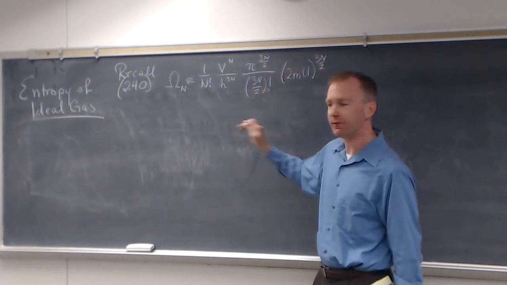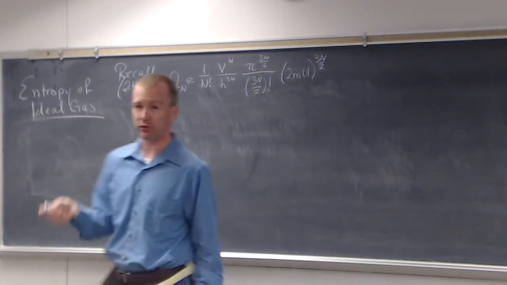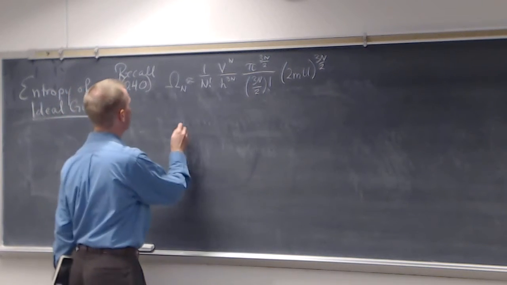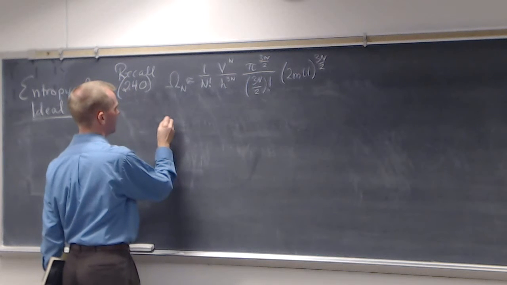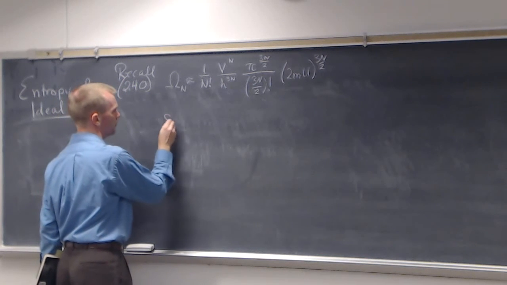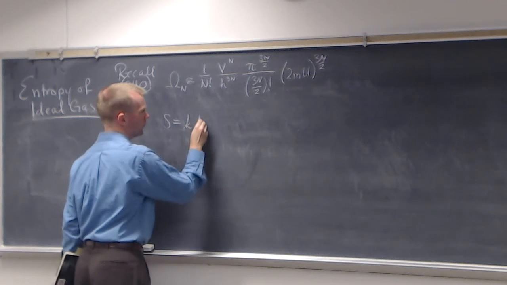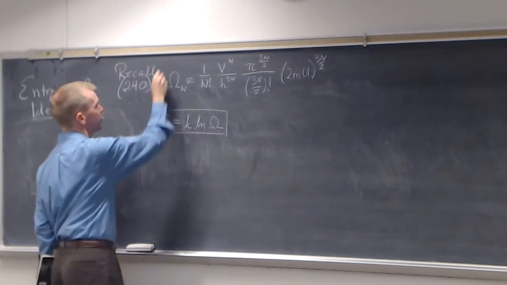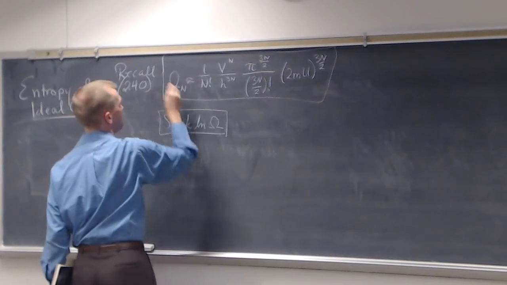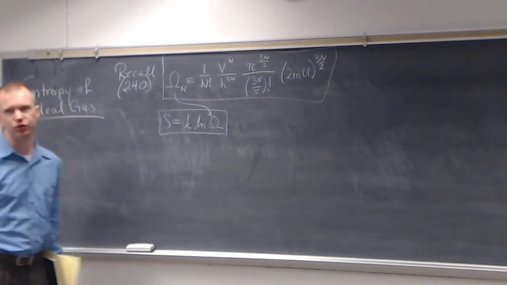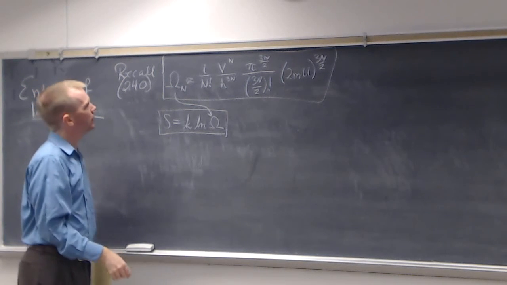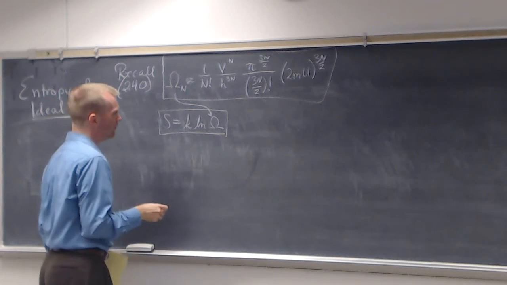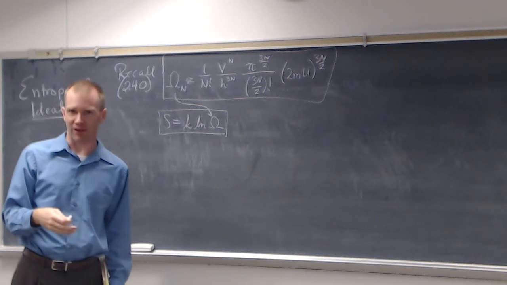Okay, now we want to get rid of the factorial and honestly simplify it. Since we're interested in the entropy, we're going to be taking the natural log. Let's see here. So we're recalling the formula for entropy, and we just put that formula for omega in there. Take k log omega. I'm not actually going to go through all the steps.